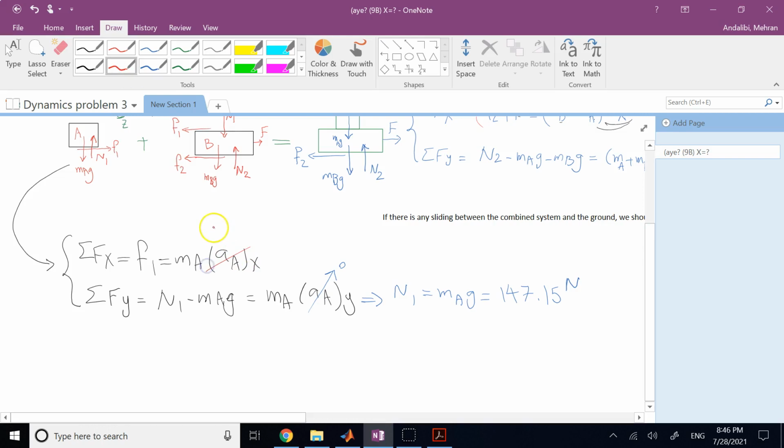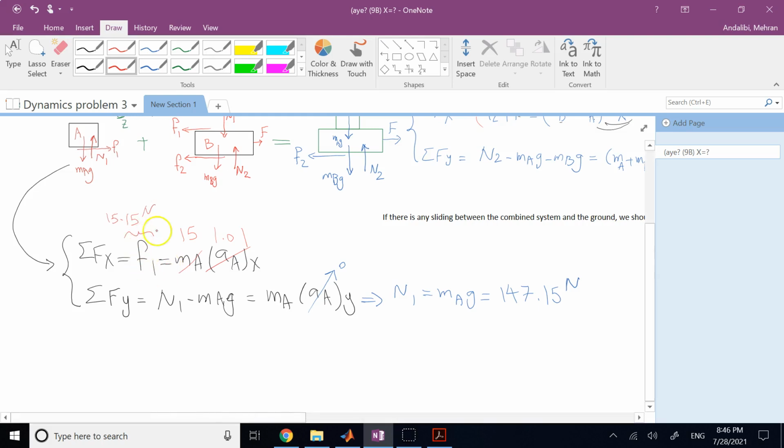So if I plug that number here, 1.01, and MA was 15, the friction that I need to make it happen is going to be what? You multiply them together, you get 15.15 Newton. Okay, this is the amount of friction that you need.